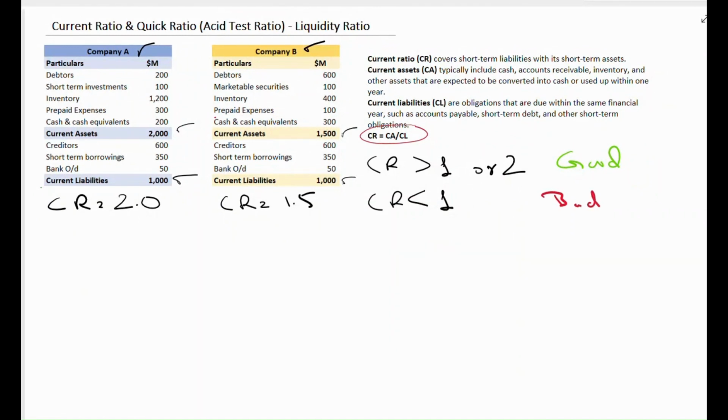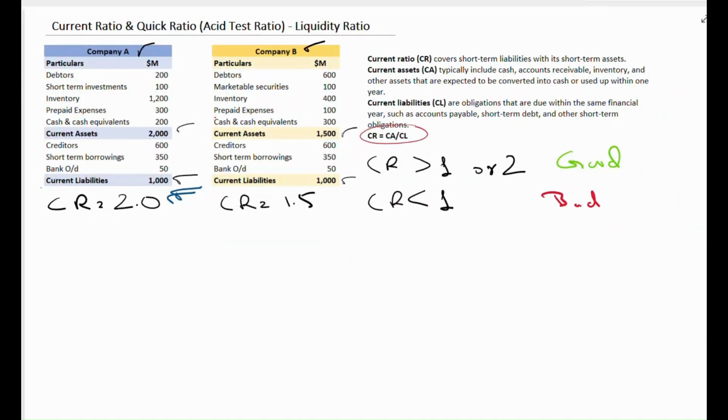Now, if we see our companies, company A and company B, both are fairly above 1, so both are doing good. But if we benchmark both of these against each other, then we see company A is doing much better than company B.